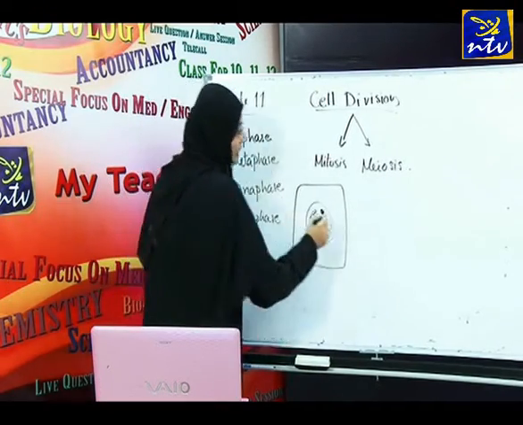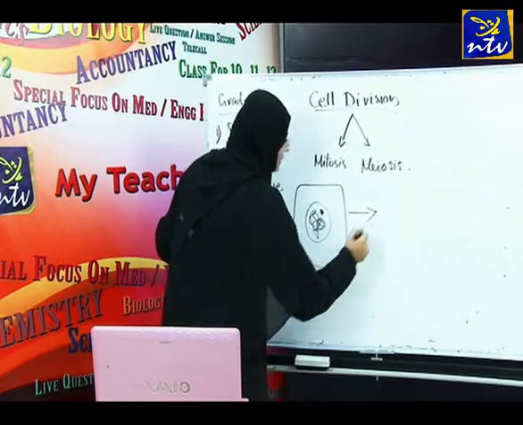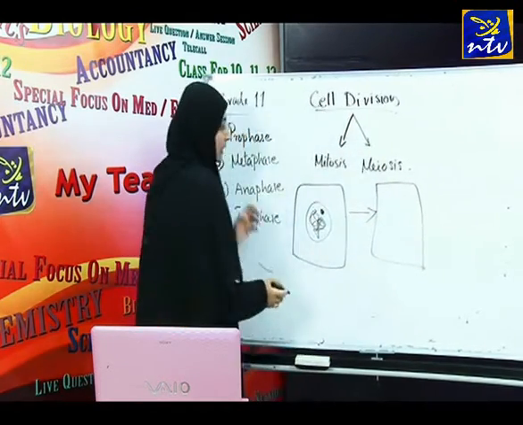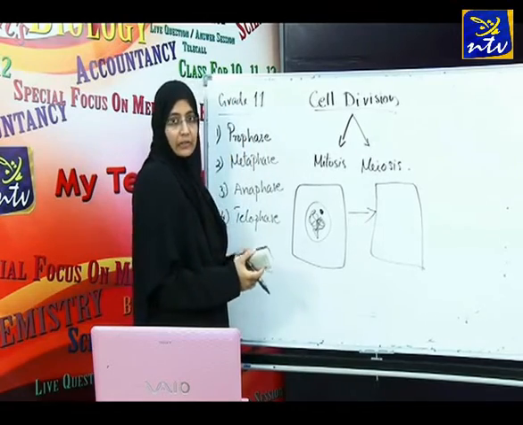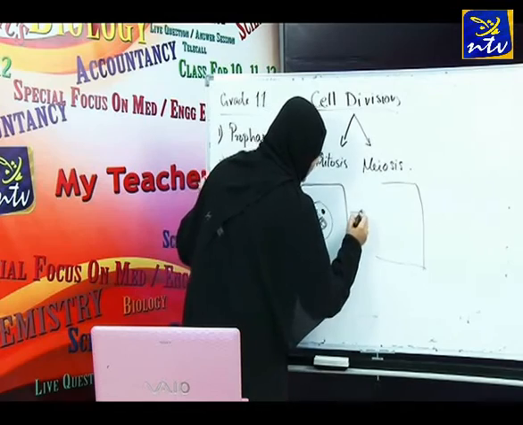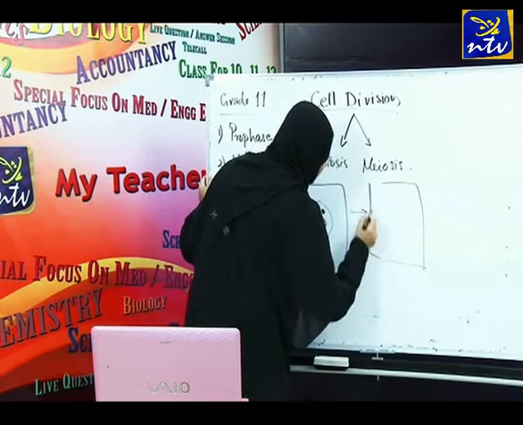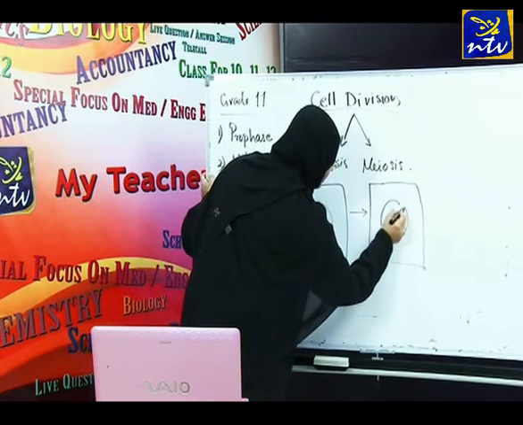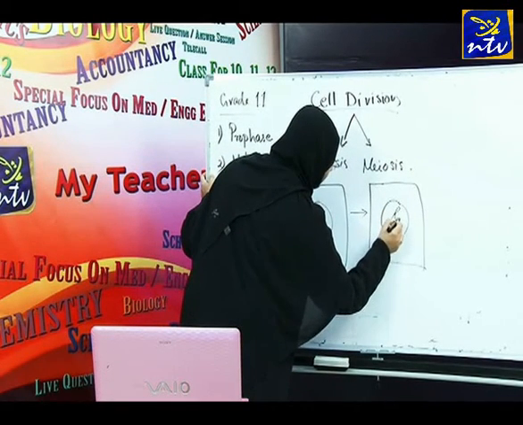Now in prophase, we can see that condensation of chromatin material takes place. That is, the chromatin material will get condensed and attain a definite shape. We can see that chromosomes become more clear.